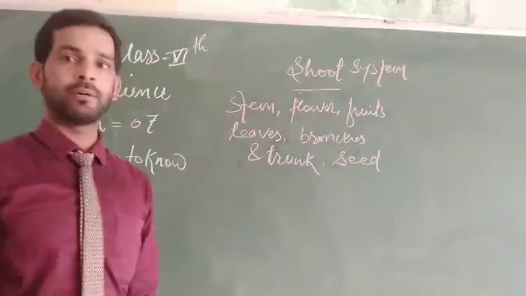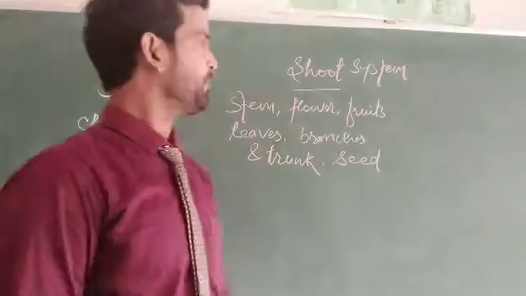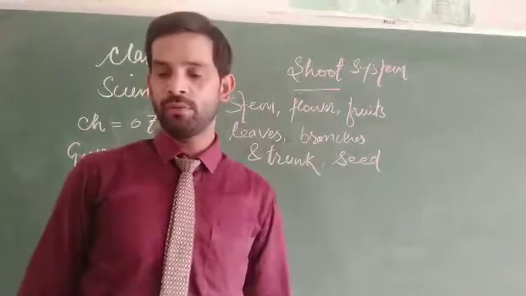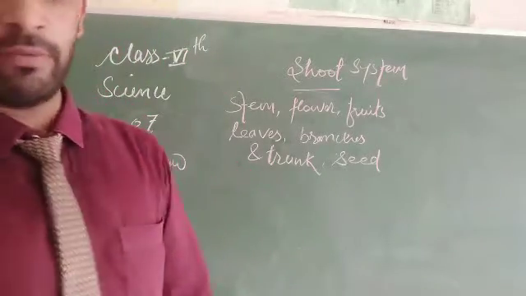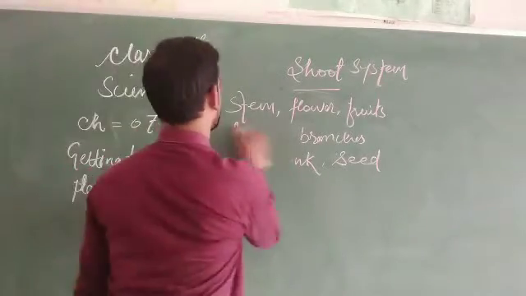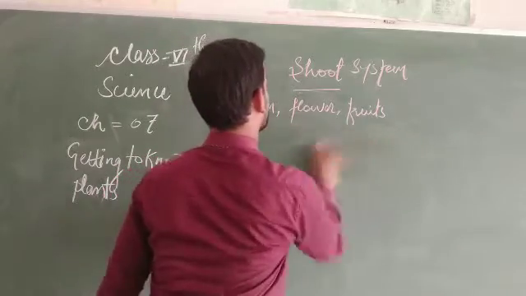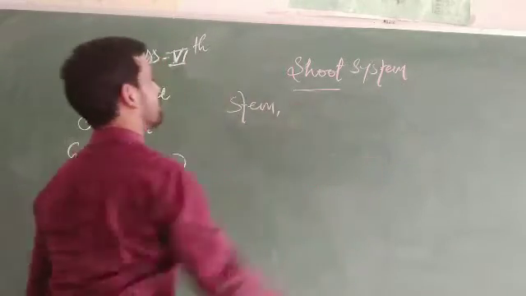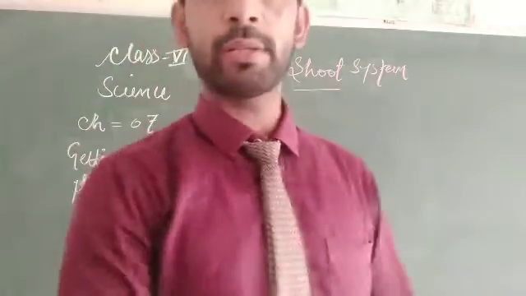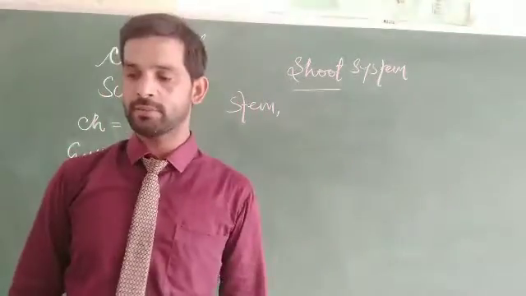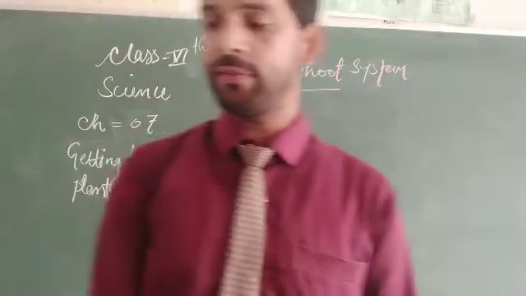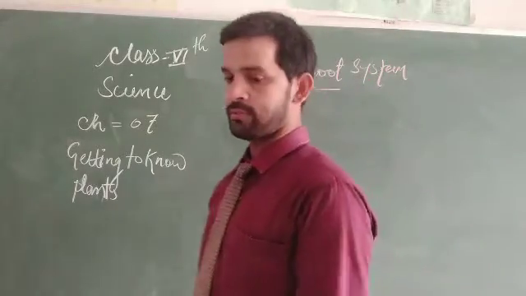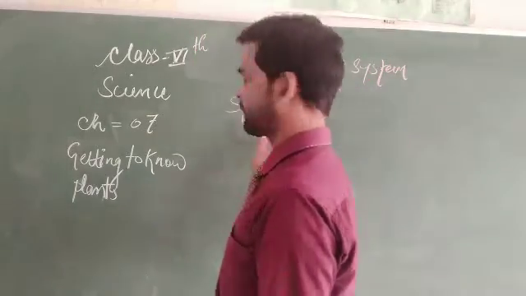These are all the parts of the shoot system, in which we have to know very well what the stem is. What is the stem? The stem is the part of a plant which grows.